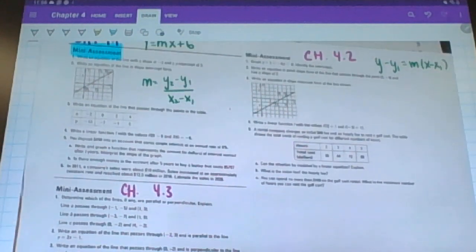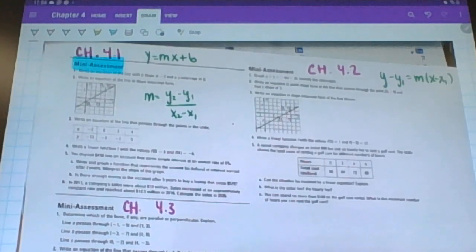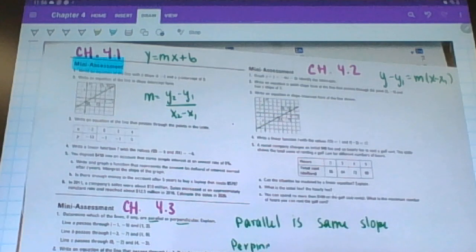And then come 4.3 is the parallel and perpendicular concept. So remember, parallel is same slope, while perpendicular is opposite reciprocal.